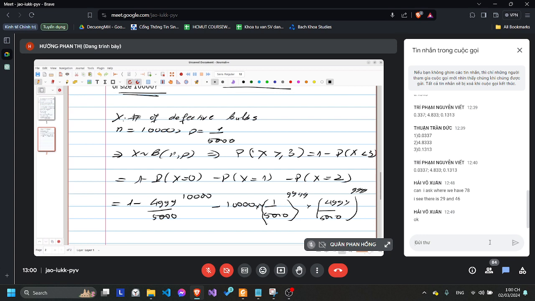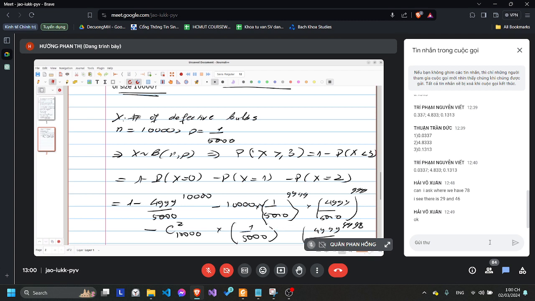And one more. Oh my gosh, it's very long. So C 10,000 choose 2, again 1 over 5,000 power 2, times 4,999 over 5,000 power 9,998. Okay.